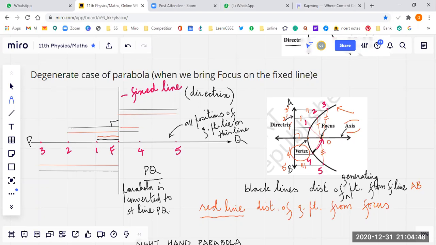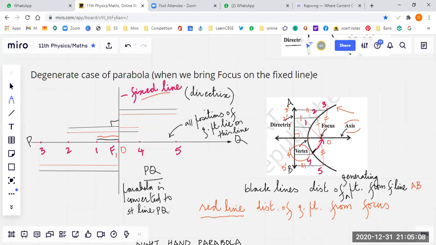So now see this figure. Here I represented the focus with O. You can represent the focus with F also. Call it F or call it O, it doesn't matter. The O was initially here. O has traveled to the fixed line. This is the fixed line, that is your directrix.